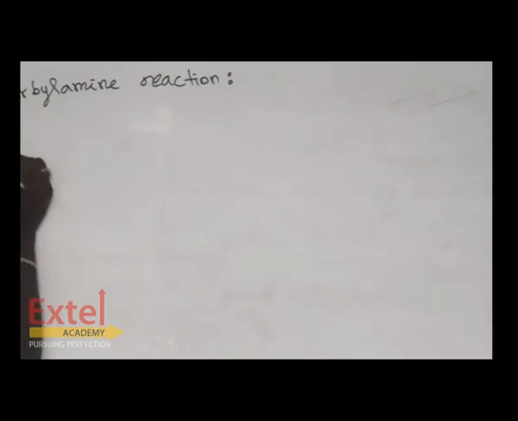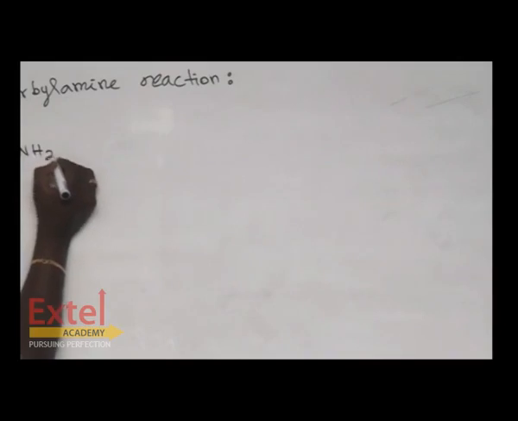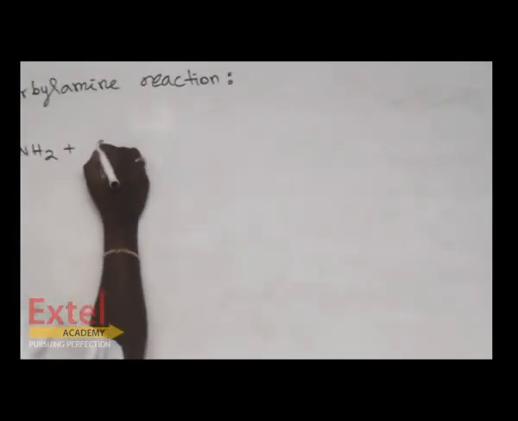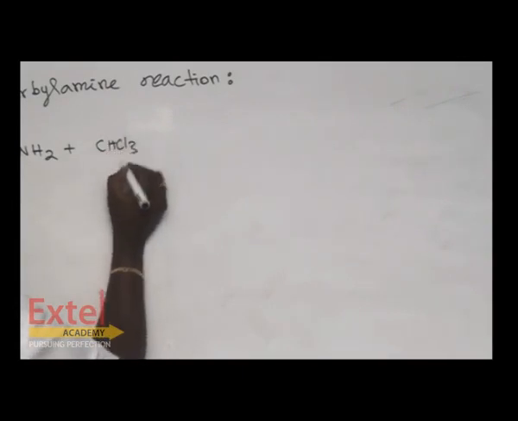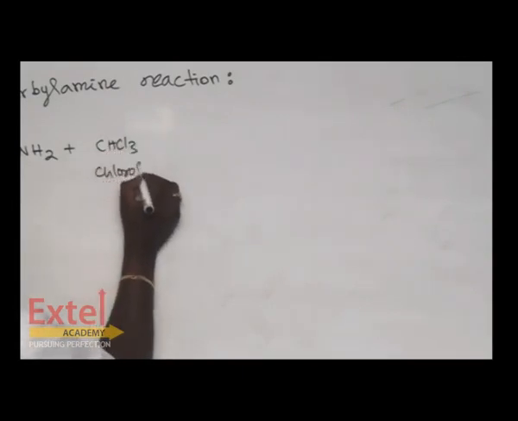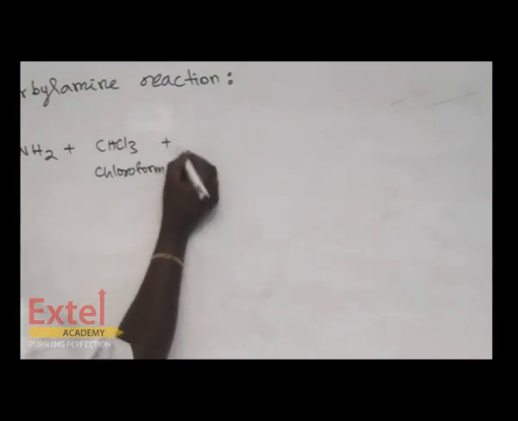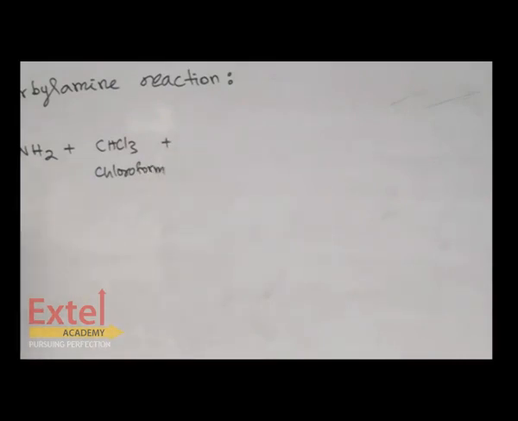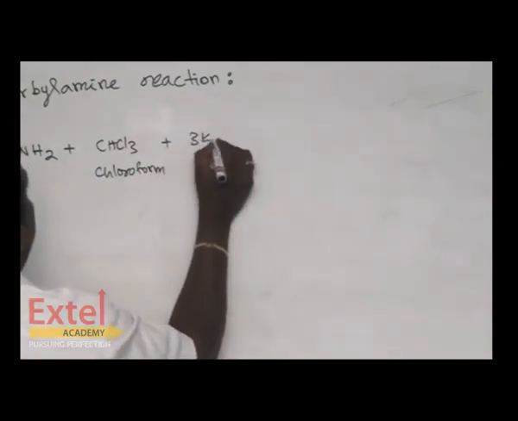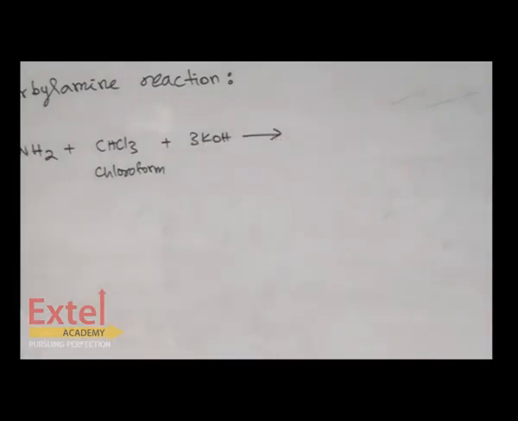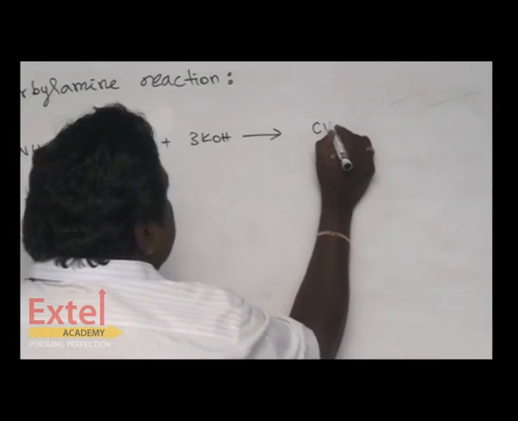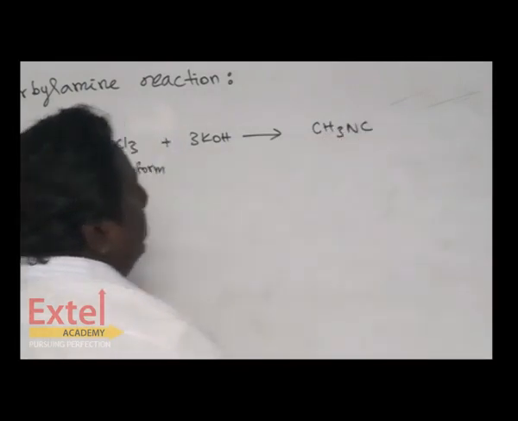When primary amine is treated with chloroform, CHCl3, and potassium hydroxide, KOH. When methylamine is treated with chloroform and KOH, you are getting CH3NC.